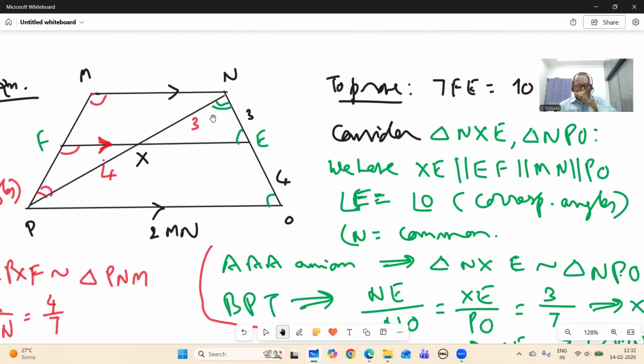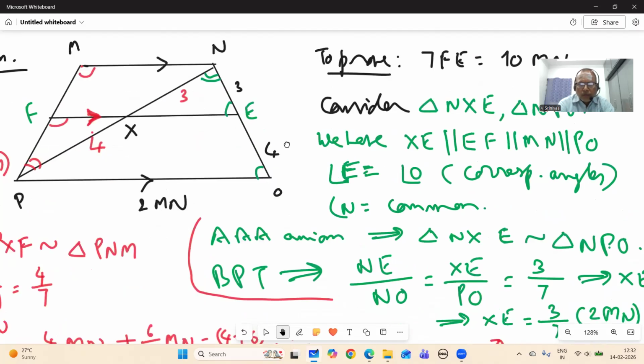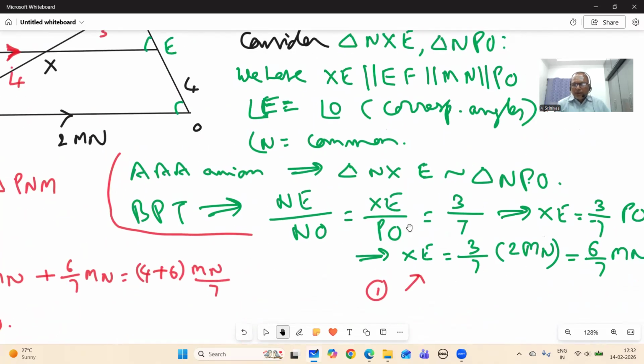They have to be equal, and this is a common angle. Therefore, these two triangles will be similar, and their sides will be in proportion. That is, NE by NO will be equal to XE by PO. This is 3 units, NO will be 3 plus 4, 7 units. So 3 by 7 will be equal to XE by PO. From here, we calculate XE.